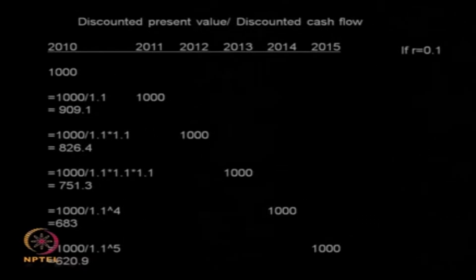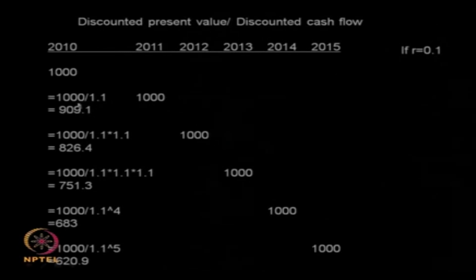So I have a big table here. So imagine in 2010 I have 1000 rupees and in 2011 I have 1000 rupees. So this 1000 rupees has to be less than a certain number, right, that is based on the formula of 1000 divided by 1 plus r, and if you assume r as 10% or 0.1, so 1000 divided by 1.1 is 909.1.